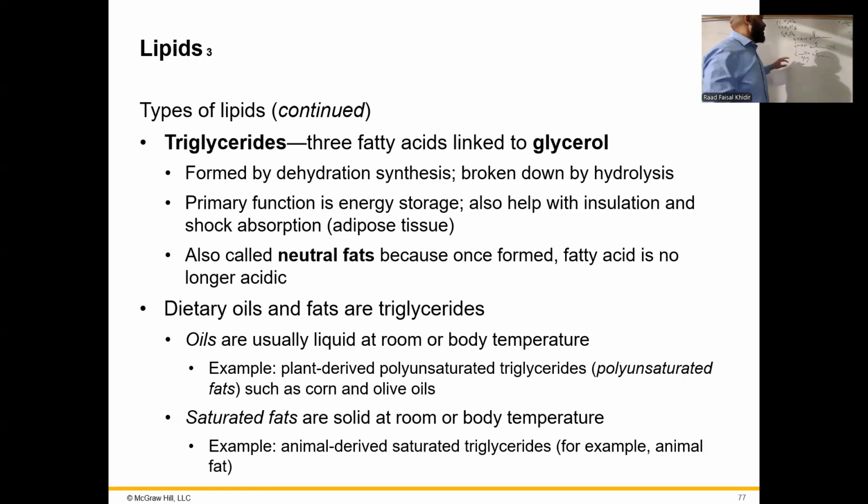You can see that you can remove H2O, gone. H2O, gone. H2O, gone. That is dehydration. You join them together. When you want to digest, you do hydrolysis, you separate them, you set them apart.